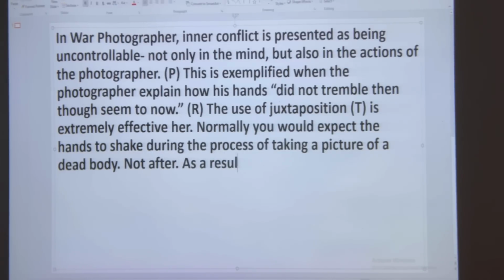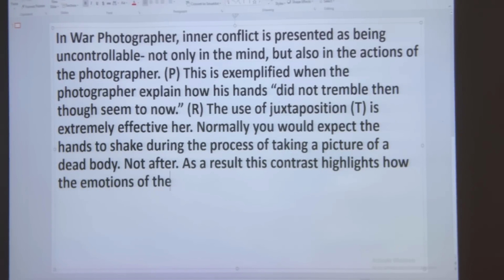As a result, this contrast highlights how the emotions of the photographer are all over the place.